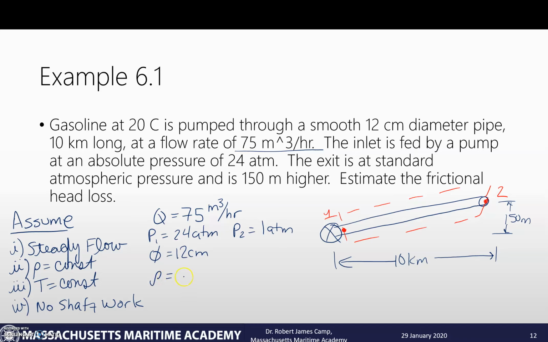The density of gasoline at 20 degrees C out of the book is 680 kilograms per cubic meter, and a specific weight of 6,670 newtons per cubic meter. And Z1 is 0, Z2 is 150 meters. So that gives us all of our starting information for the problem.